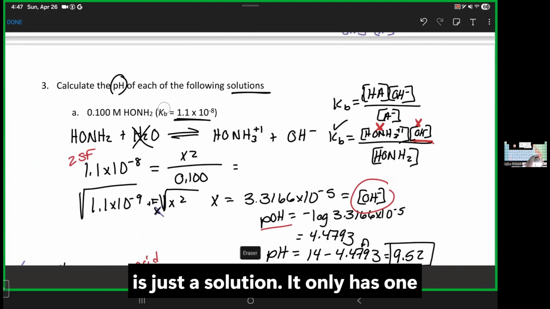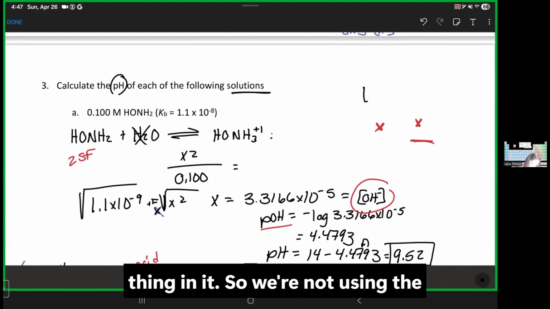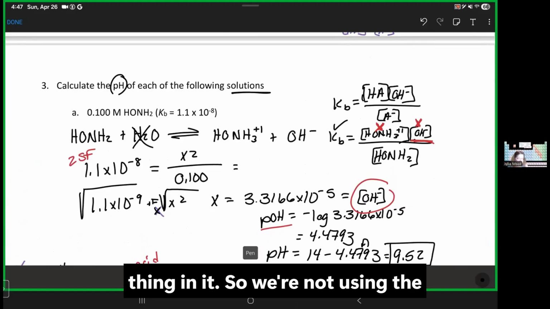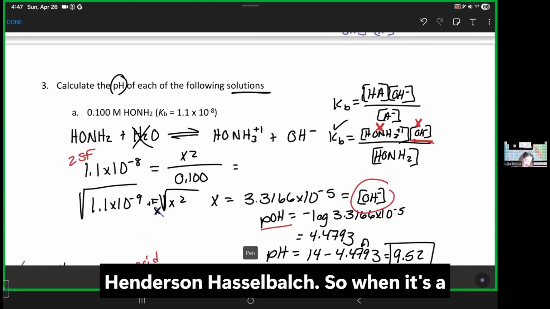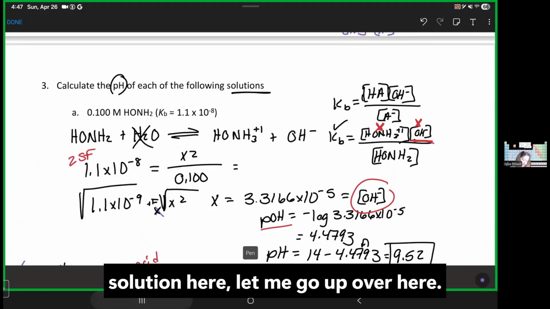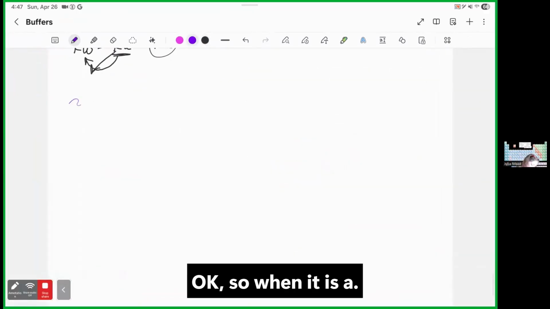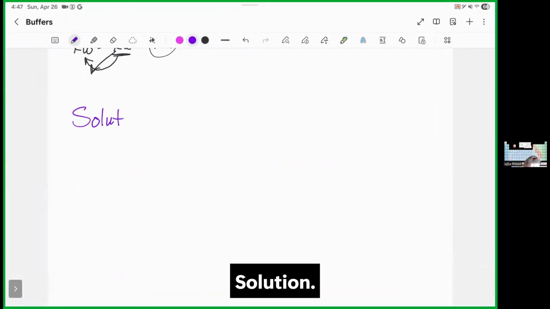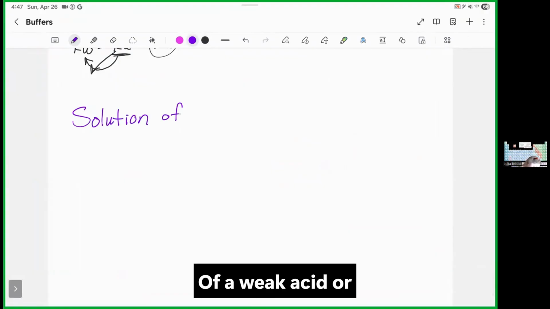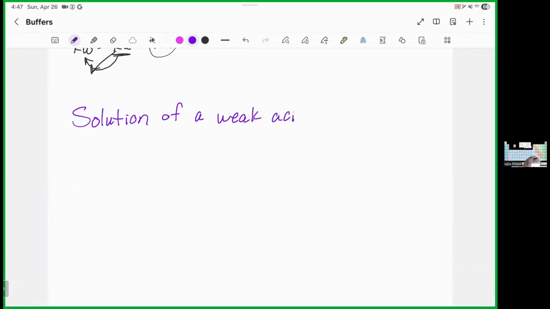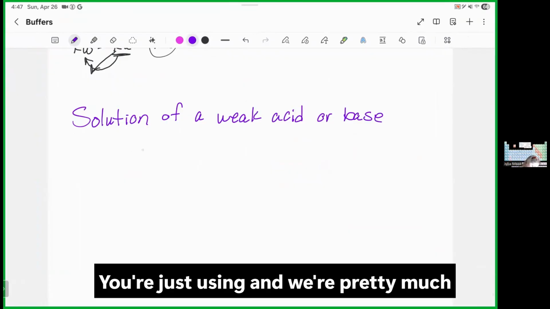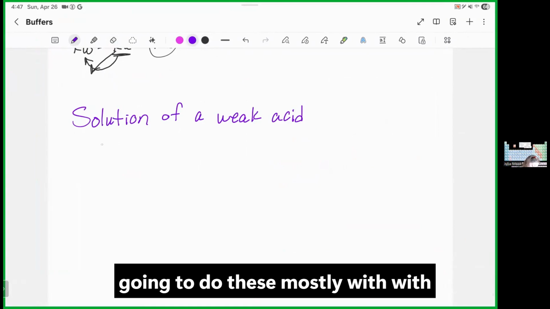Okay, up here, looking at this one. Oh, this is just a solution. It only has one thing in it. So we're not using the Henderson Hasselbalch. So when it is a solution of a weak acid or base, and we're pretty much going to do these mostly with acids, right?